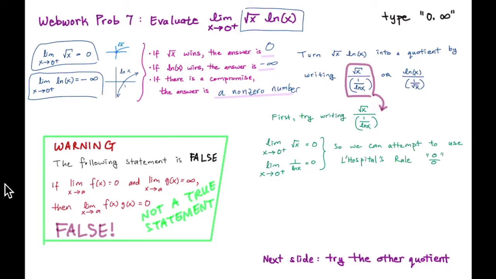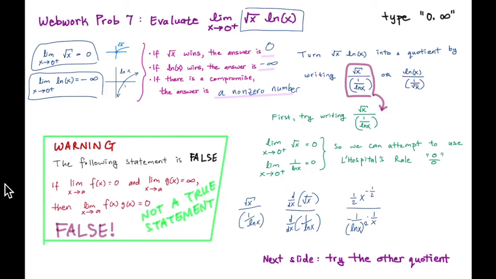So let me write down first the quotient, and then I want to compute the derivative of the top over the derivative of the bottom. So I get 1/2 x to the negative 1/2 over negative 1 over natural log squared times 1 over x.